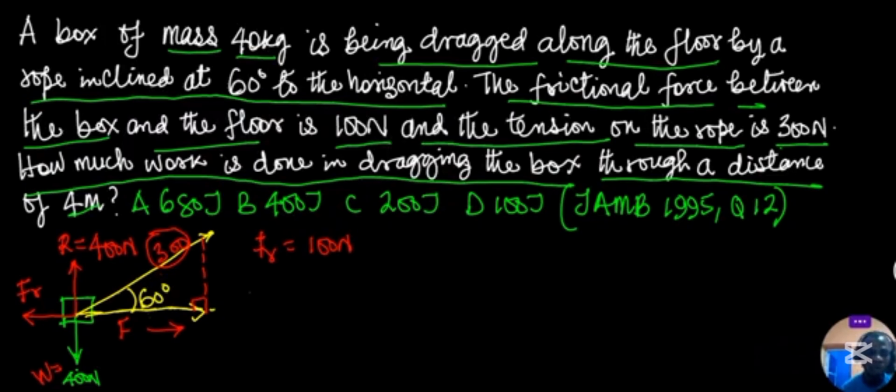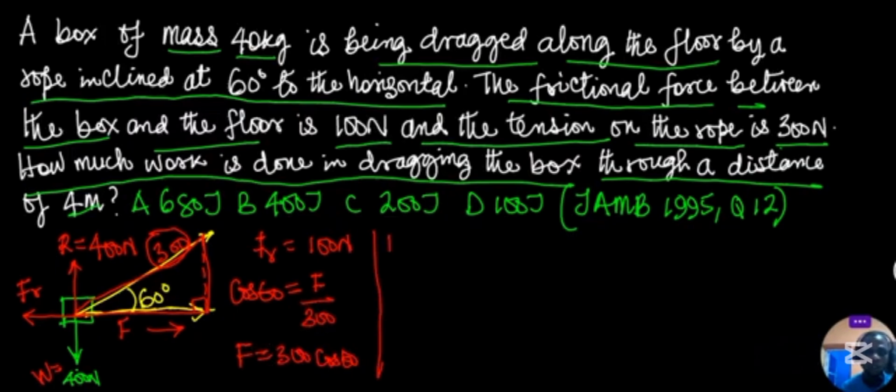From this triangle, cos 60 equals adjacent F over hypotenuse 300. So F equals 300 cos 60. Now cos 60 is 1 over 2, so 300 times 1 over 2. So F is equal to 150.